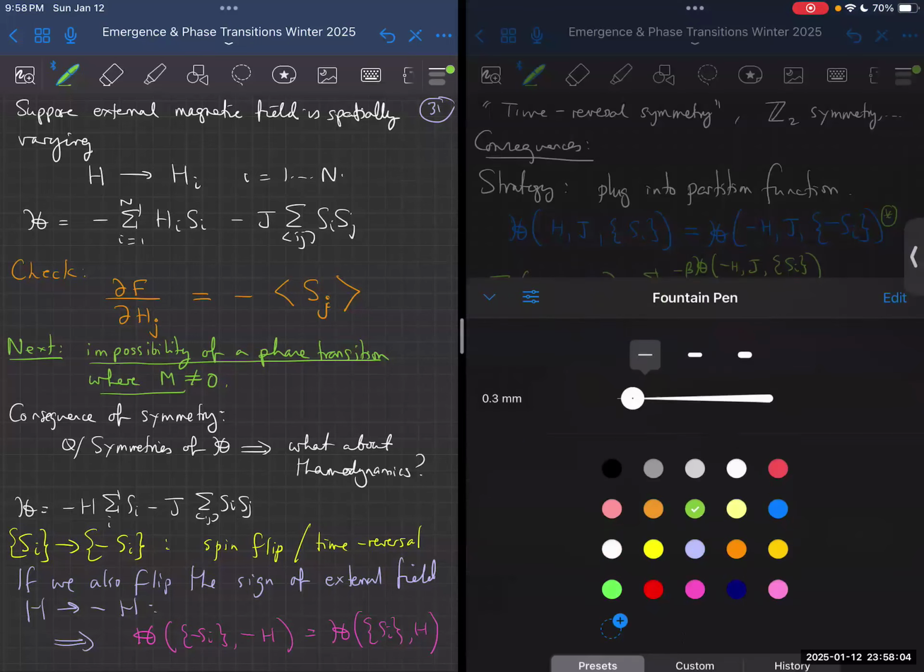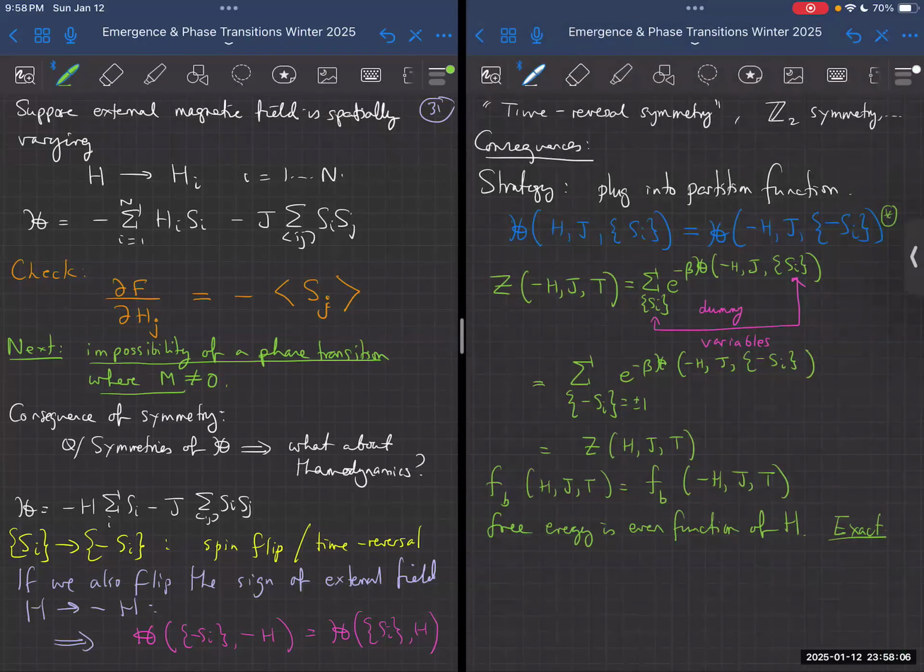Okay, so that's nice. So what does it mean for the magnetization?